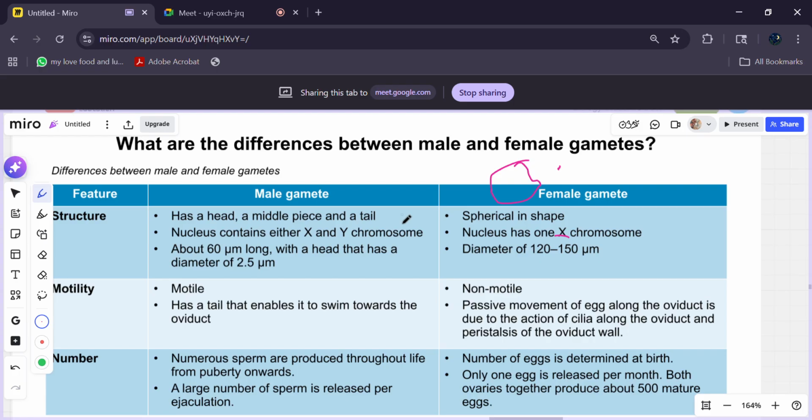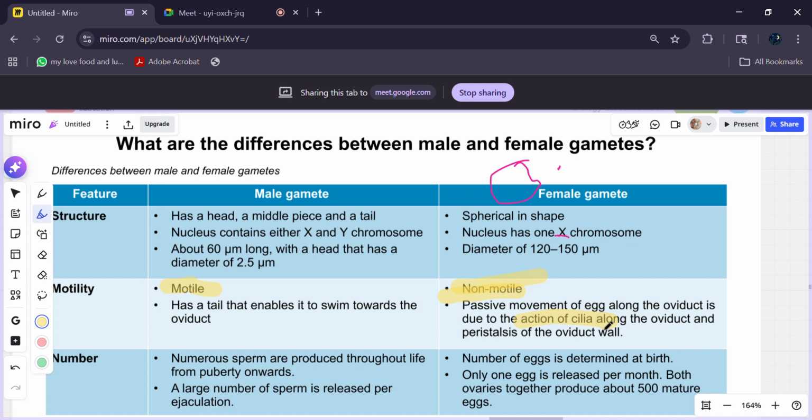Now, the sperm cell has the ability to move. The tail of a sperm cell gives it the ability to move. However, the female gamete is not movable. It doesn't travel at all. The passive movement of the egg along the oviduct is due to the action of the cilia.